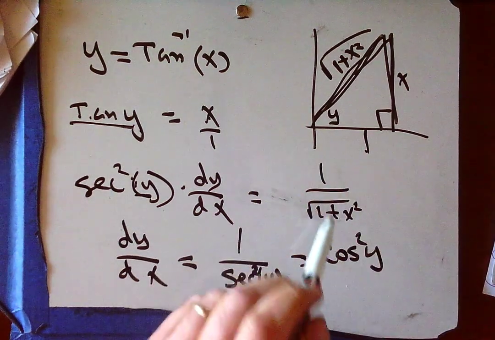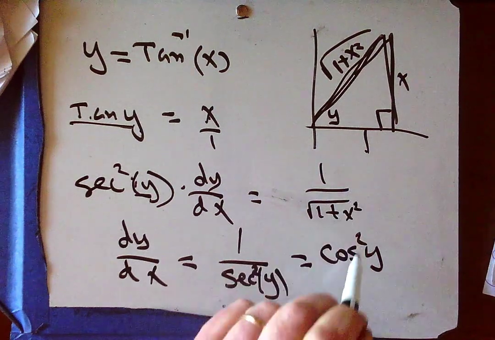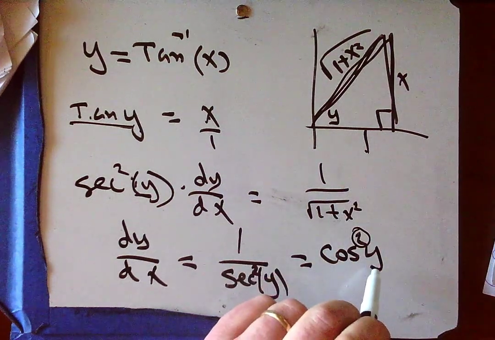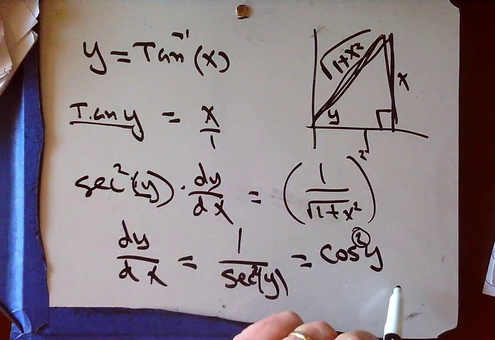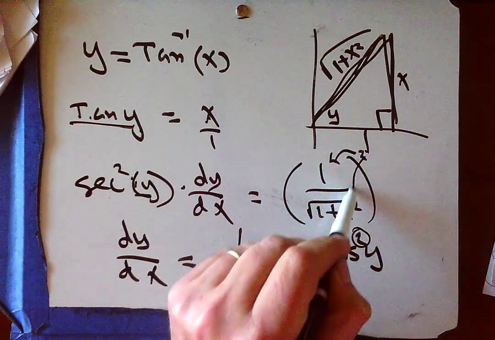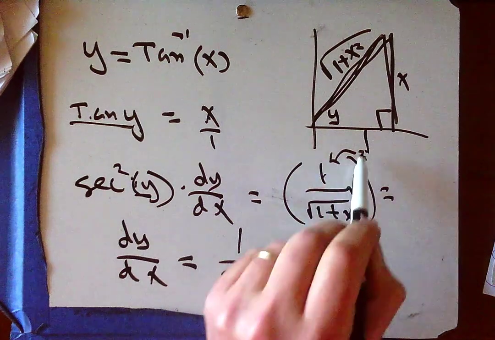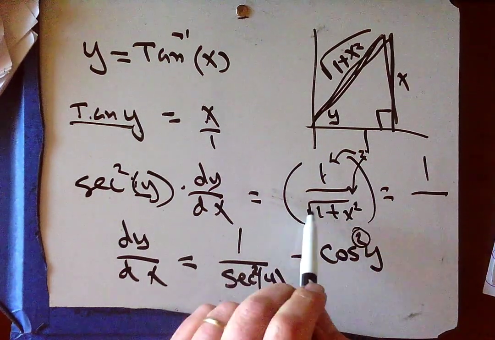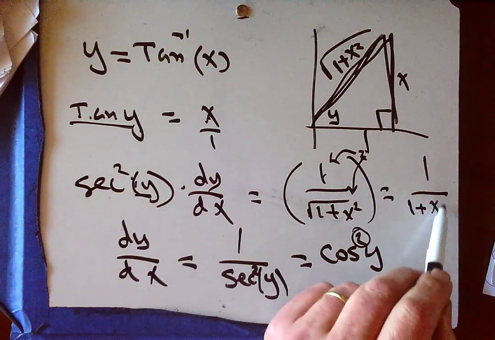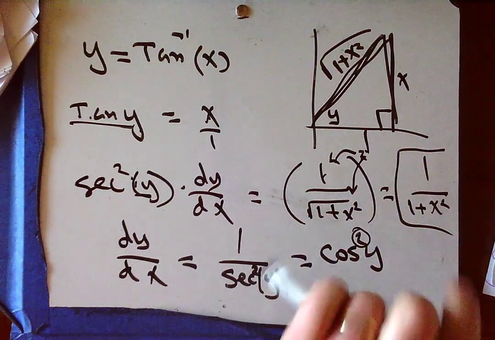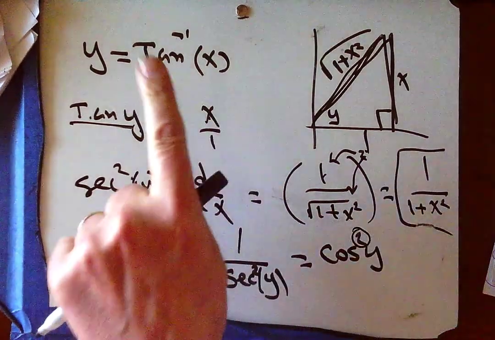And then that's cosine of y. How do I get cosine squared? Well, to get cosine squared, I apply that squaring to both of these. 1 squared is 1, and square root and squaring will undo each other. So that's my derivative of inverse tangent.